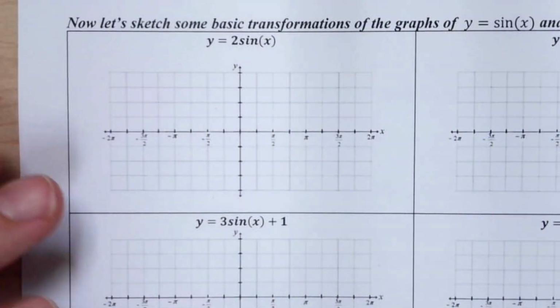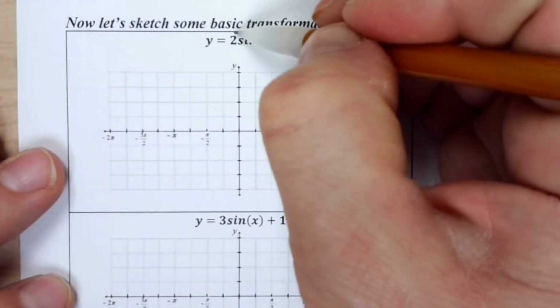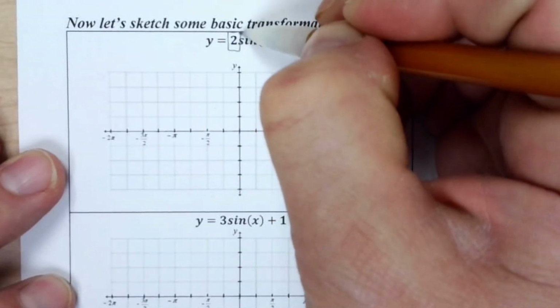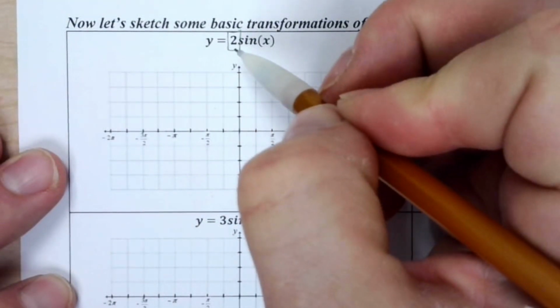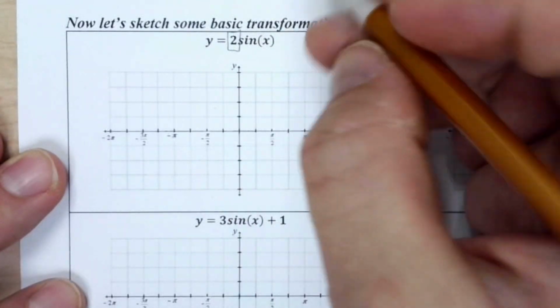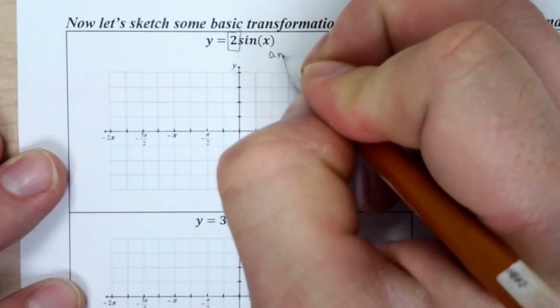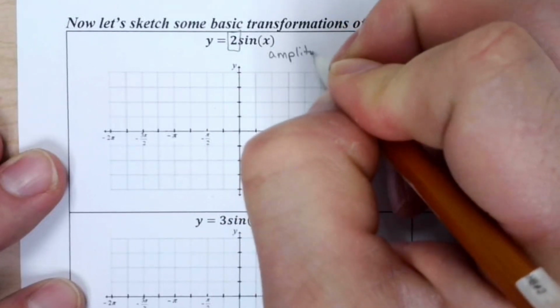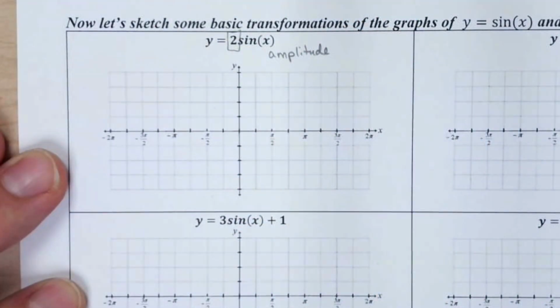Let's get some transformations. So the first thing you need to know is that this number right here in front of sine, that number is what we call the A value. This value will control the amplitude, which is the height of the waves. Or you could call it the radius of the unit circle.